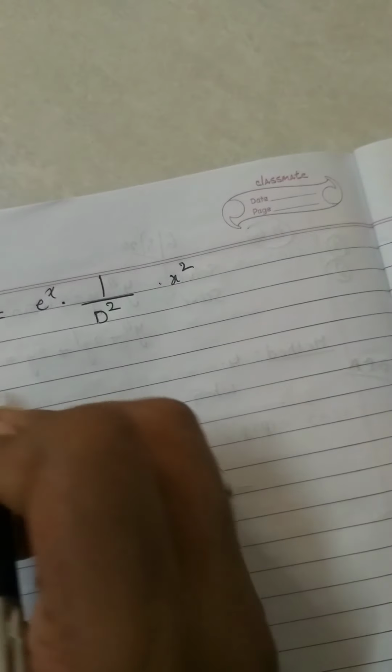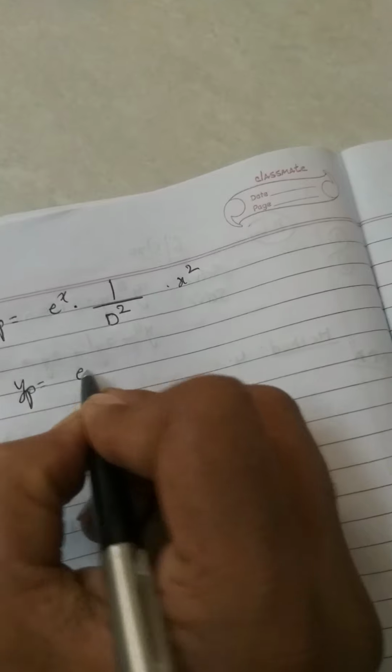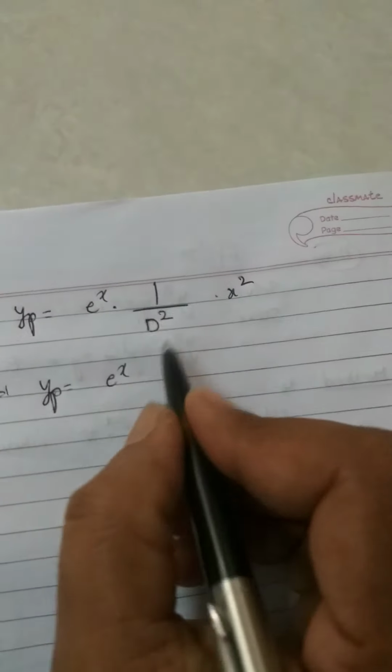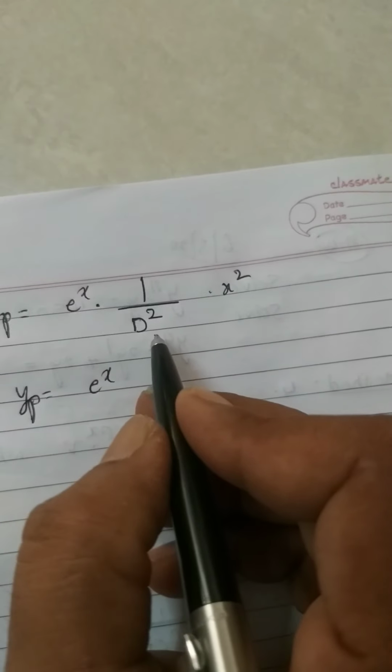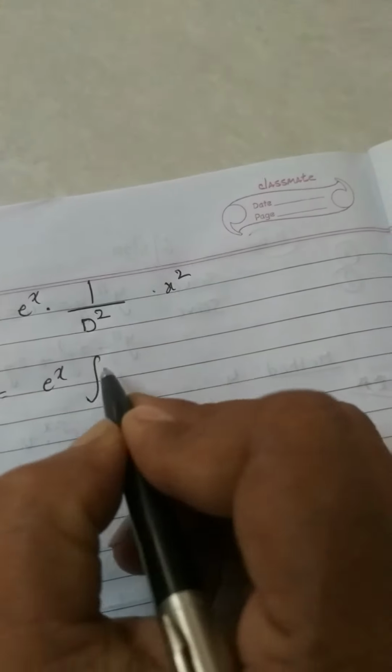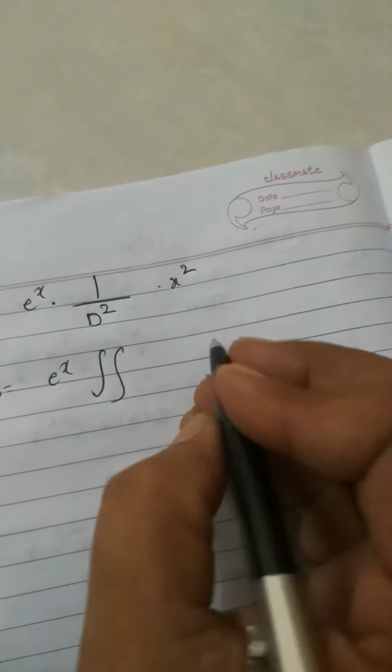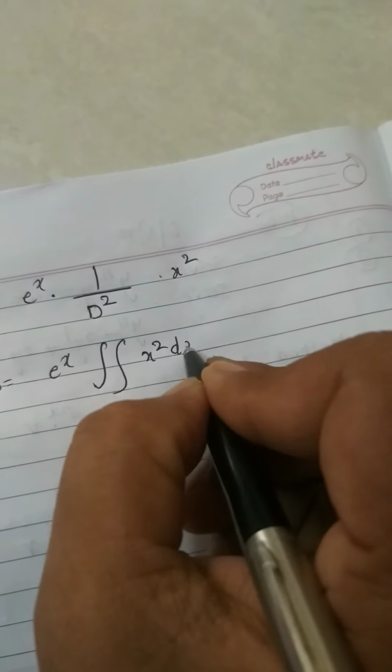Now yp is equal to e power x into 1 by D square of x square. A simple one. 1 by D is nothing but integration. 1 by D square means two times integration with respect to x.